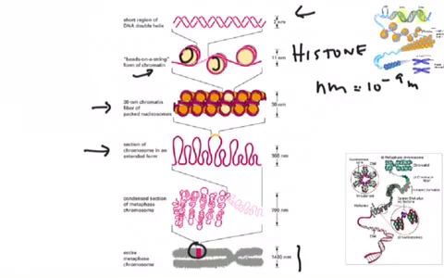So we've wrapped an awful lot of DNA, which is only 2 nanometers thick, into a chromosome that's 1400 nanometers thick. So we've packed an awful lot of DNA into this structure. Let's have a look at one more diagram and see how this relates again.